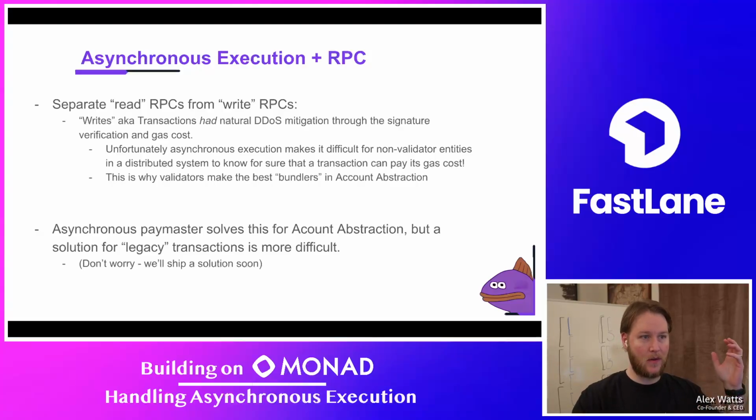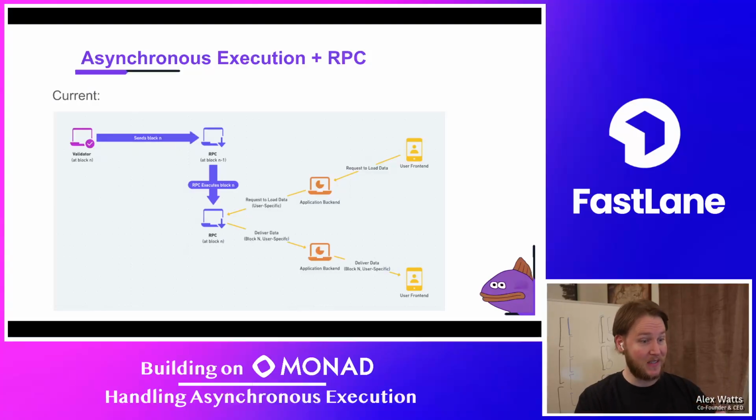Because what if, on one hand, the validator is sending us the block and we haven't finished executing it, and then we get a user request on the other hand? It's very easy to run into a distributed systems problem where your reads and writes are not strongly consistent, at least if you're not the validator.